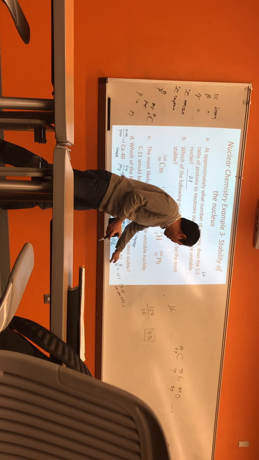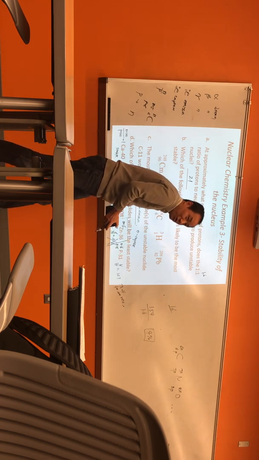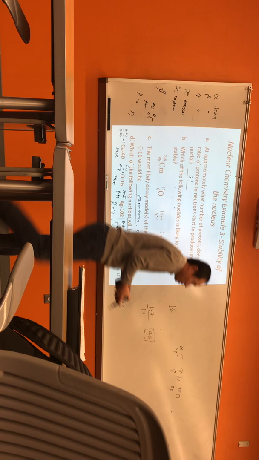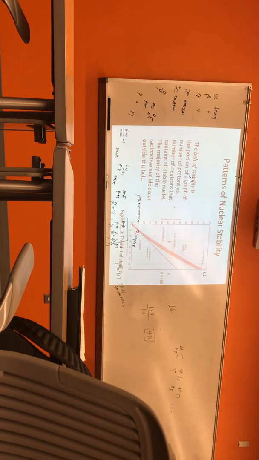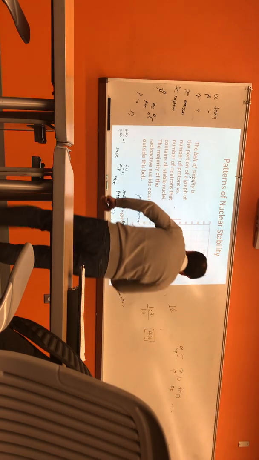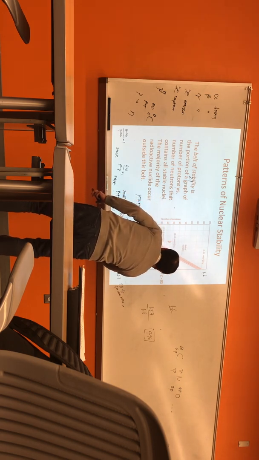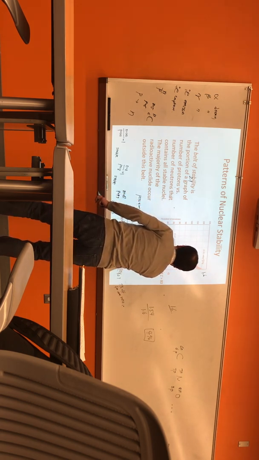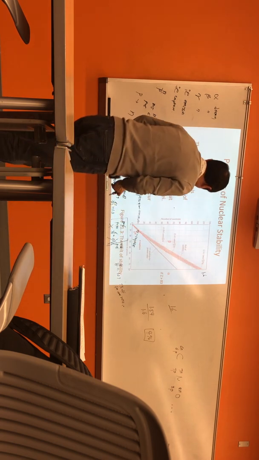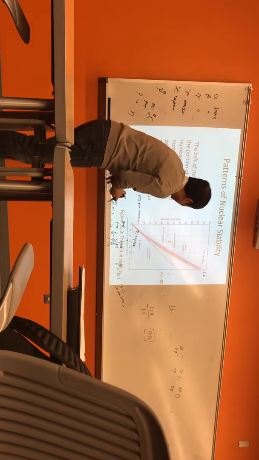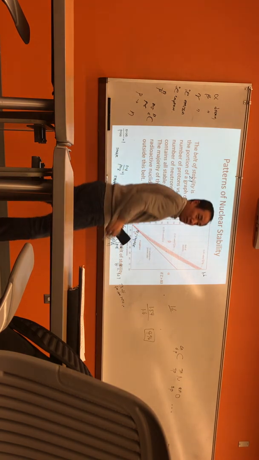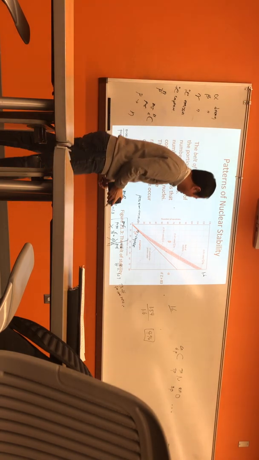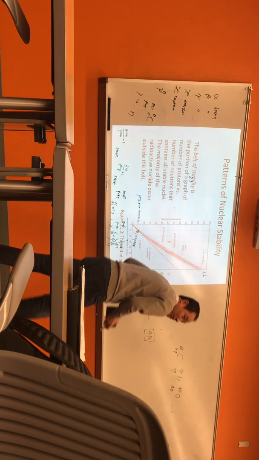So why don't we check silver. The silver number was again 47. 47 is right here, and the 47 has 61 neutrons. 61 is here. So it seems like this one is stable. So probably the answer is phosphorus.